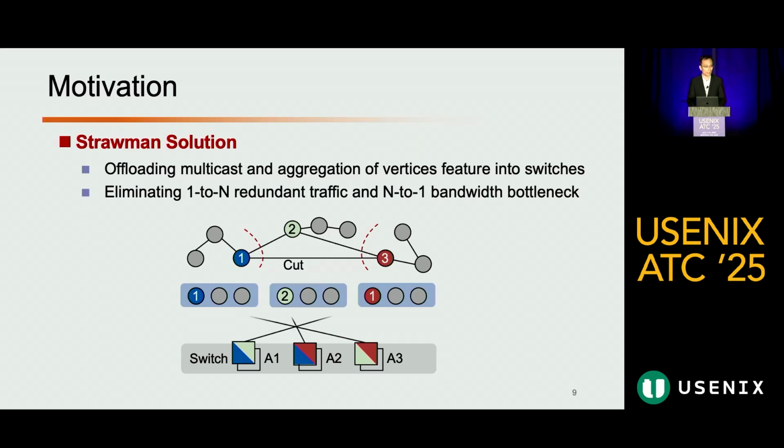Once aggregation is done, the result is sent back to the worker, and the aggregator is free for reuse. If no aggregator is available when the new data arrives, the switch simply forwards the data to the worker for local aggregation. This way, each feature is sent to the switch only once, and the worker receives just one aggregated copy, greatly reducing redundancy.